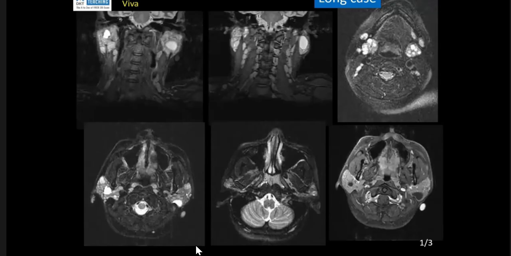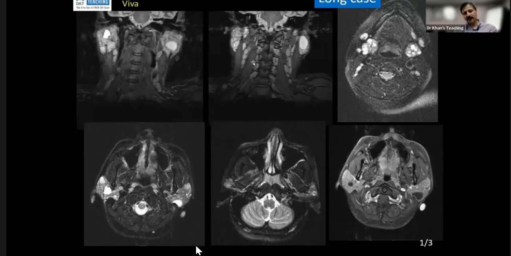Is it normal? No, it doesn't seem normal because it's a fat-set image and there are some hyperintense signals within it. So what is happening here? There are multiple lymph nodes seen along the bilateral neck.